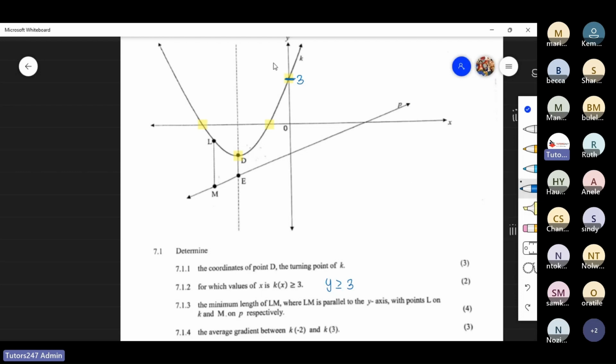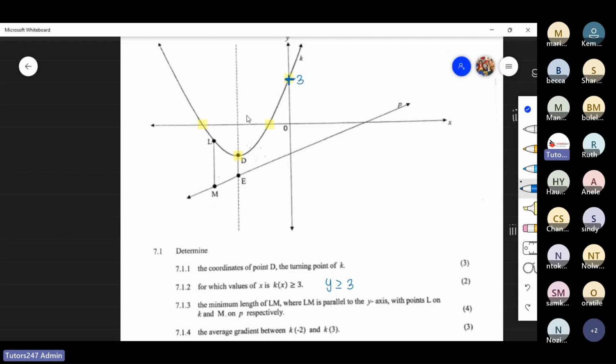Now, if you look at 3, let's look at the right-hand side of our graph first. Keep in mind 3 can be both on the left and the right, okay? Because a parabolic function has 2 arms. But for now, let us solely look at the right.